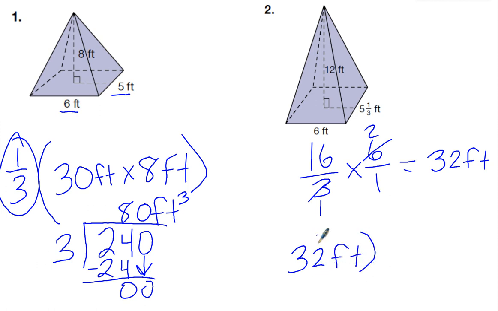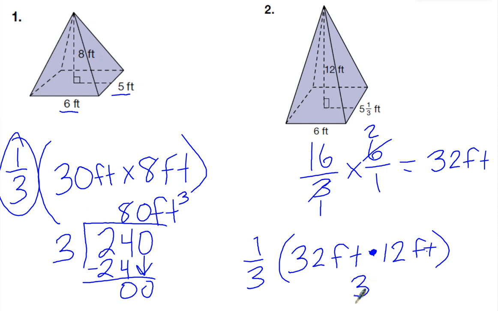We need to times that by the height, which is 12, and divide all of that by 3. So 32 times 12 is 384. Then we divide that by 3.